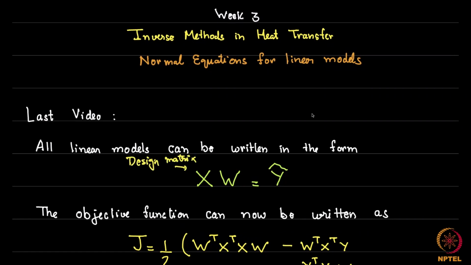The size of this is the number of examples or the number of sensors that you have, multiplied by the number of features with which you wish to represent it, where m is the number of data points and n is the number of features.